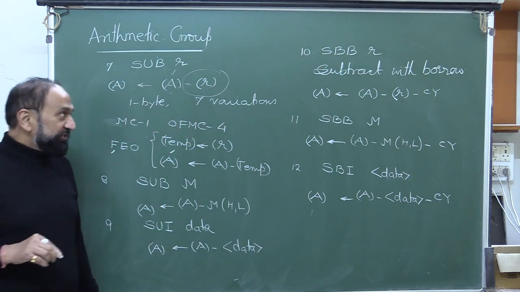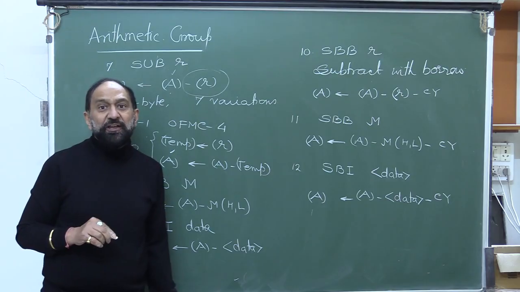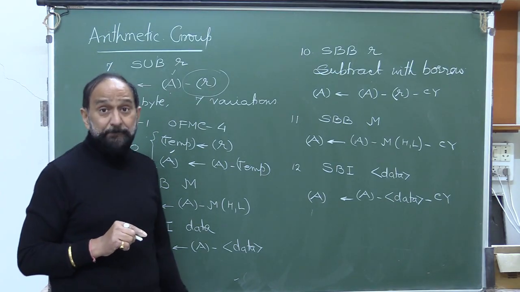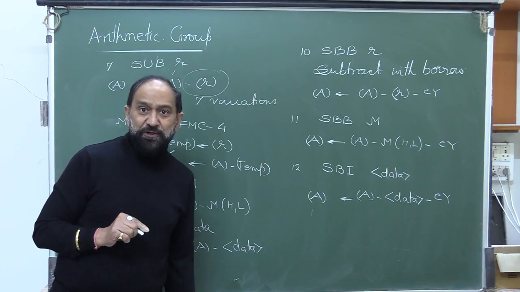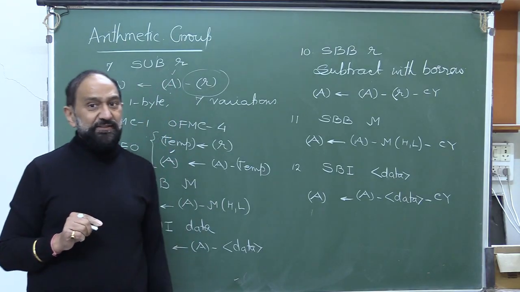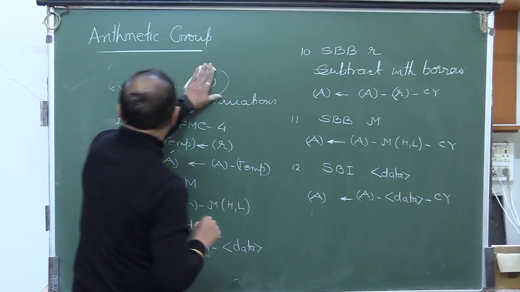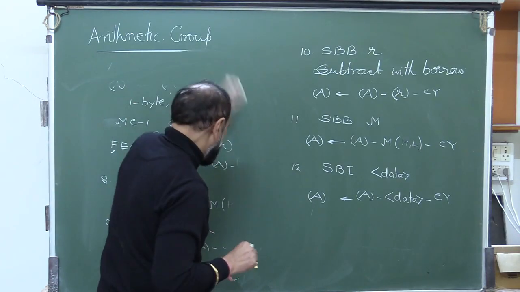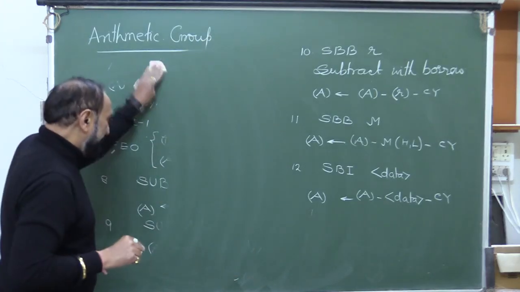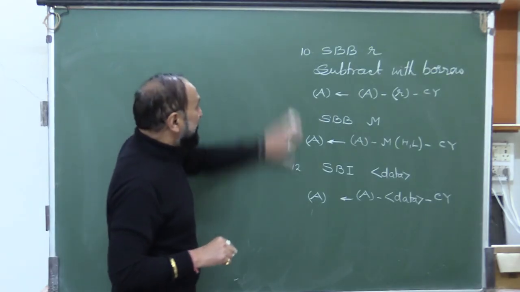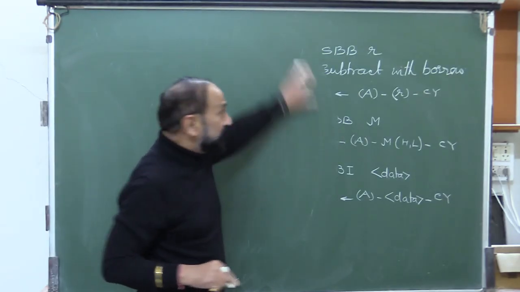So just like 6 addition operations, you have 6 subtraction instructions. 3 are subtract with borrow, 3 are subtract without borrow. And in all these 12 instructions, the flags are affected as per the result.